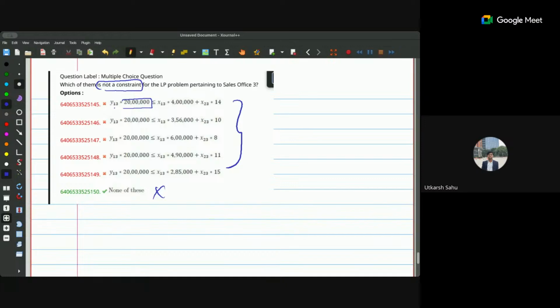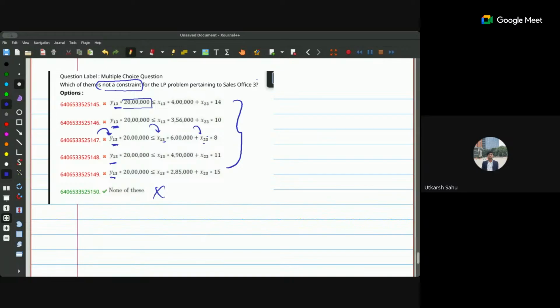Why? Because see, everyone is having with respect to third DMU, right? This is weight of first input of DMU3. This is weight of, sorry, this was output. This is weight of first input for DMU3, weight of second input for DMU3.